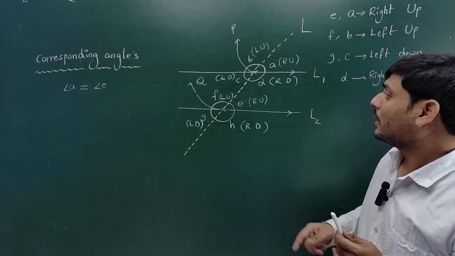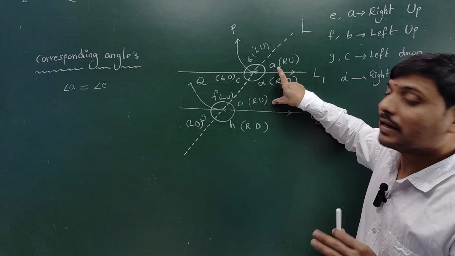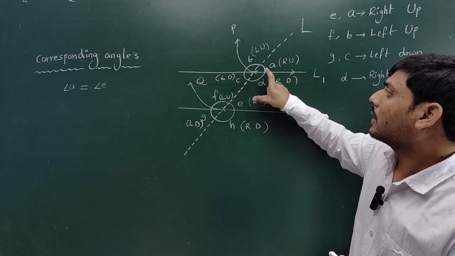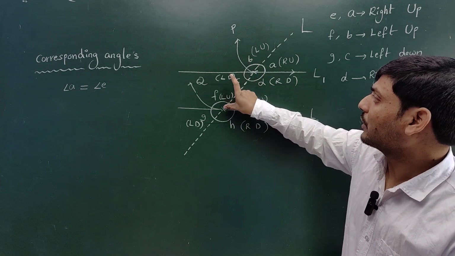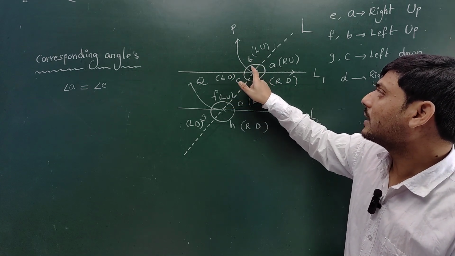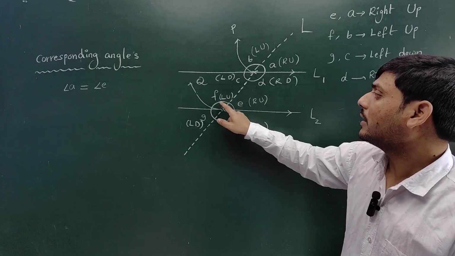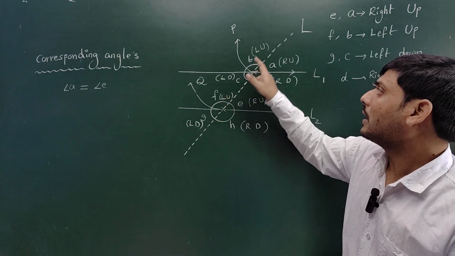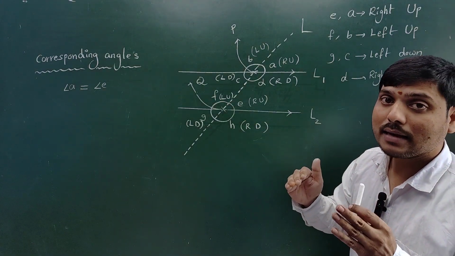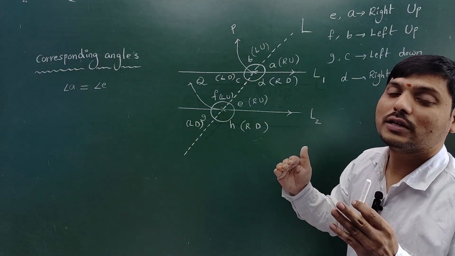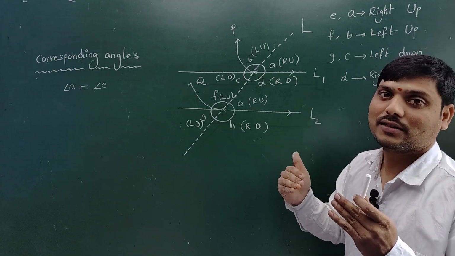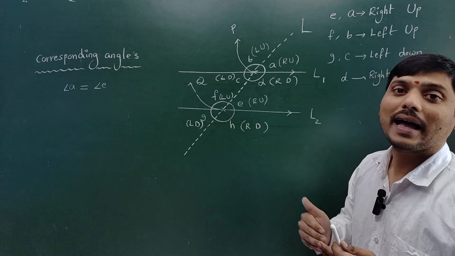Tell me, students: angle A and angle E are corresponding angles because of right up, right up. One more pair: angle B and angle F. Angle B's place is left up, and angle F's place is left up. These two angles have the same position at the two distinct points P and Q, so this pair is also called corresponding angles.